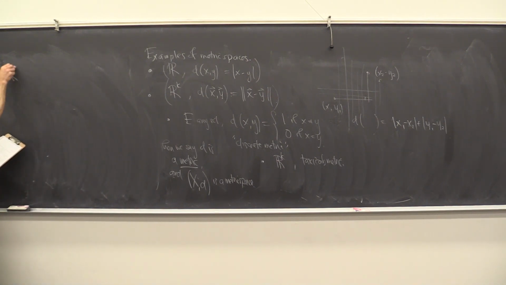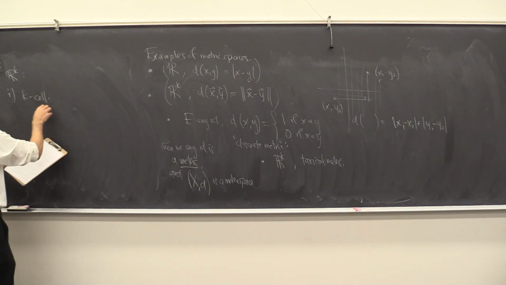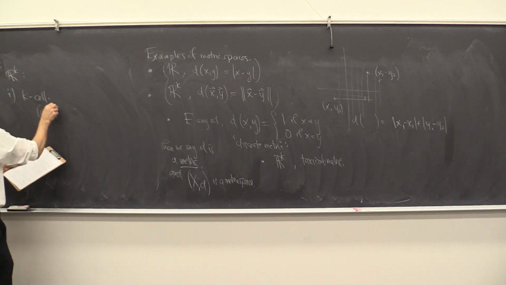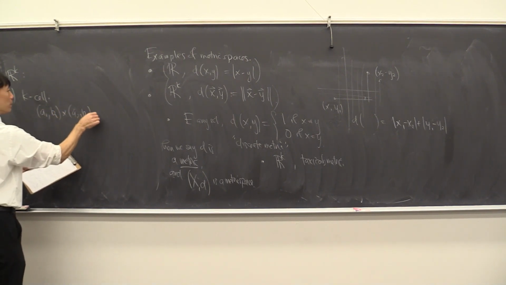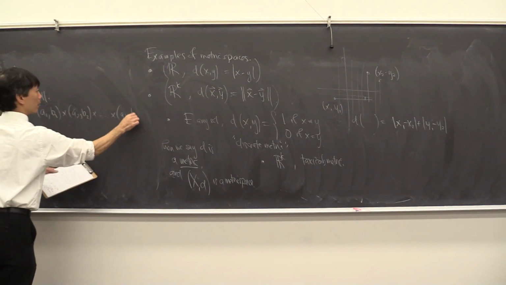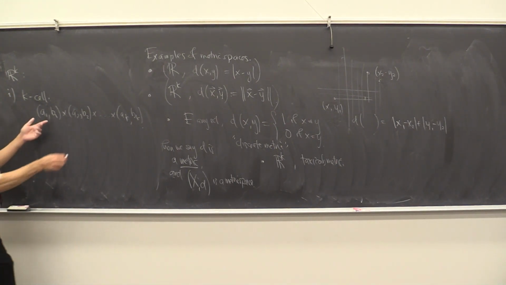In R^k, we have something called a k-cell. A k-cell is basically just a product of intervals. So you take [a1, b1] cross [a2, b2] cross ... cross [ak, bk].